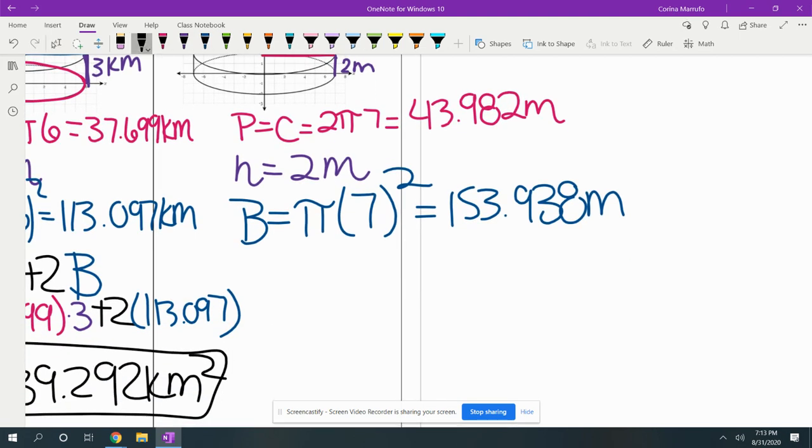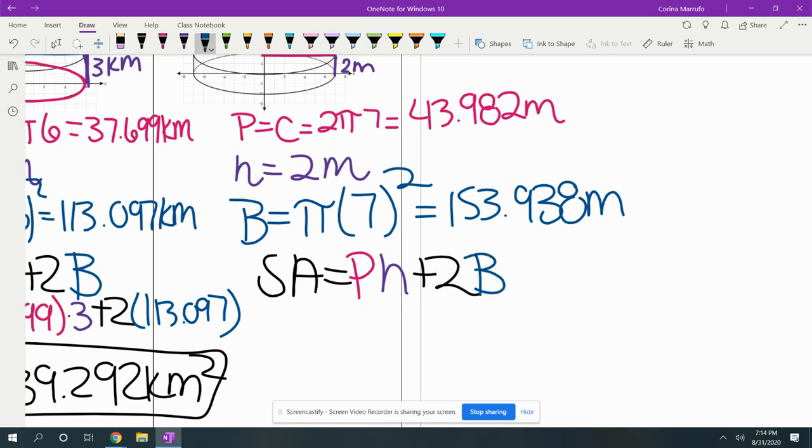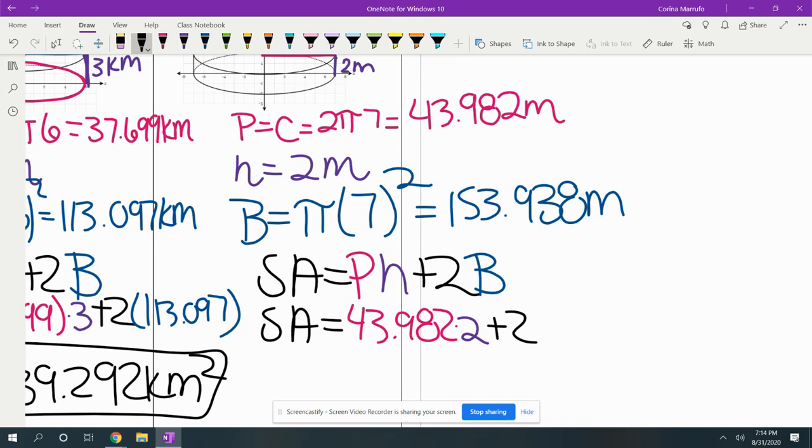Okay, so now we're going to plug it into the formula. Surface area equals PH plus 2B. And using the information that we know, P is 43.982 times our height, which is 2, plus 2 times, and then our base we said is 153.938.